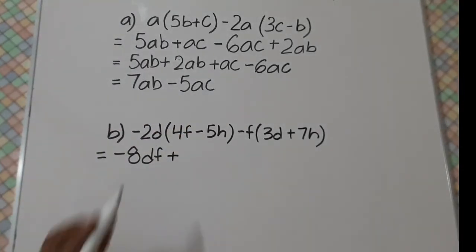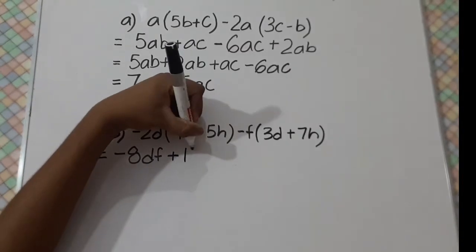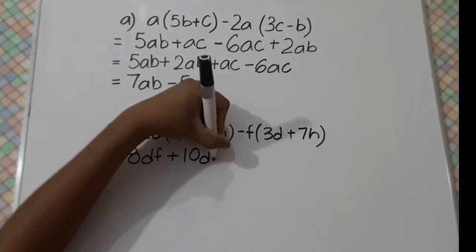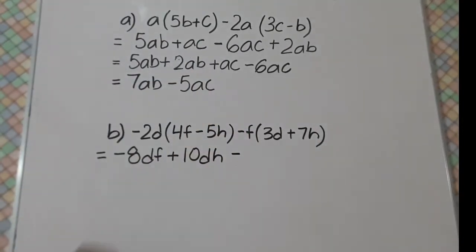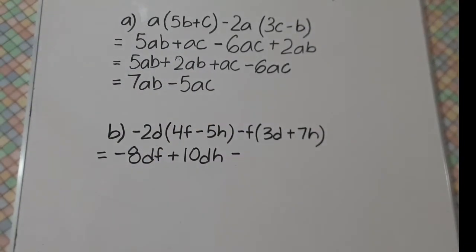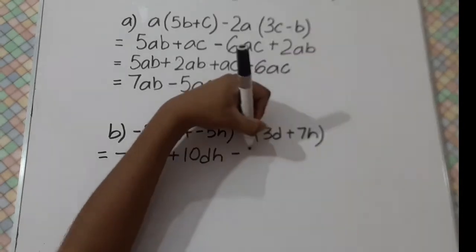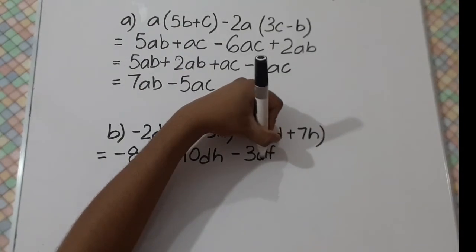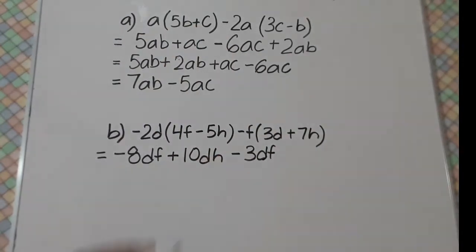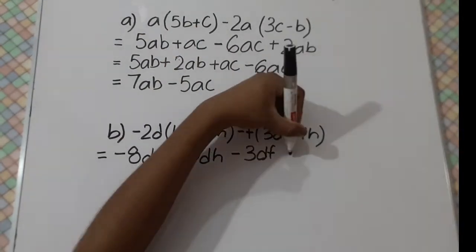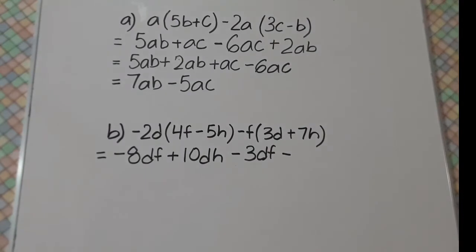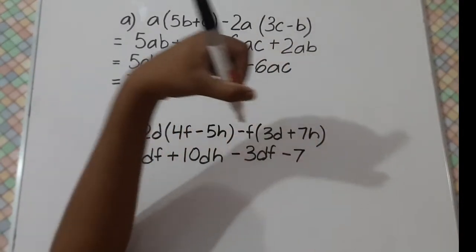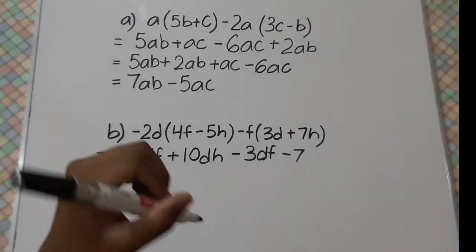Now 2 multiplied by 5 would be 10. D multiplied by H would be 10DH. Minus, and F multiplied by 3D would be 3DF. Now minus plus is minus. Now F multiplied by 7H would be 7FH.